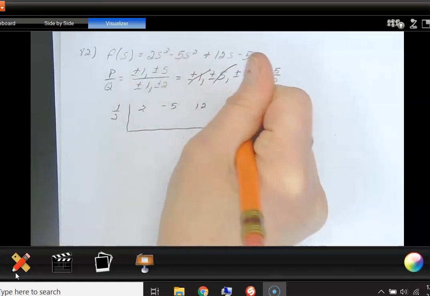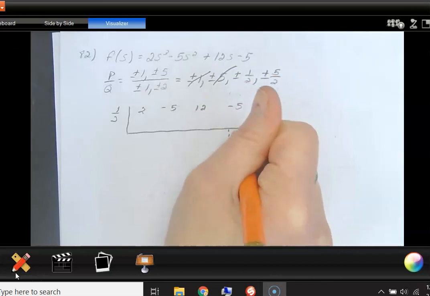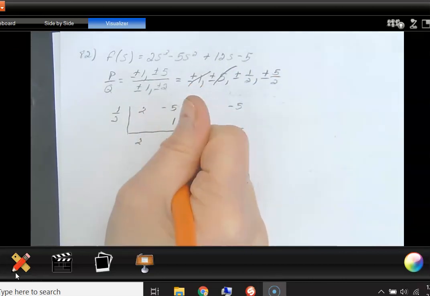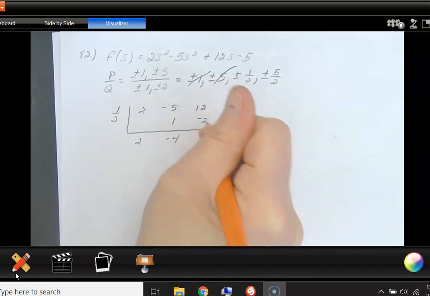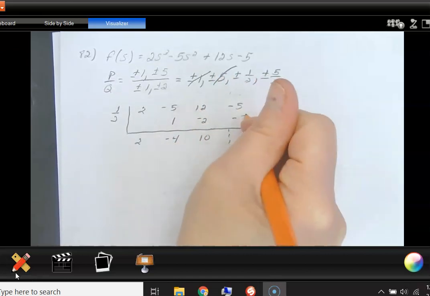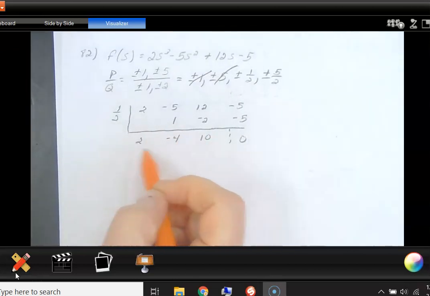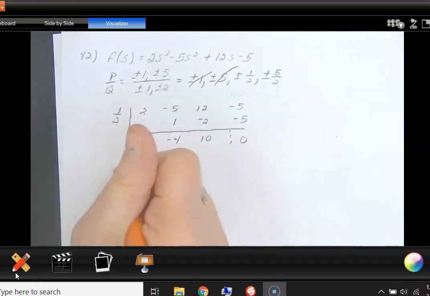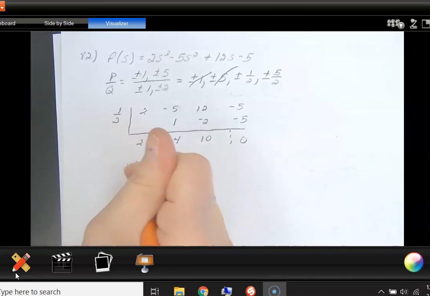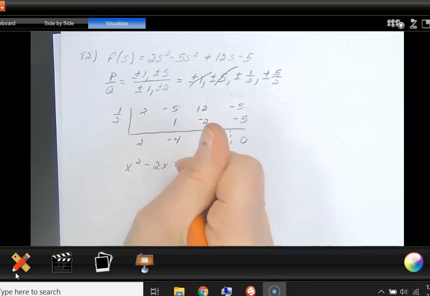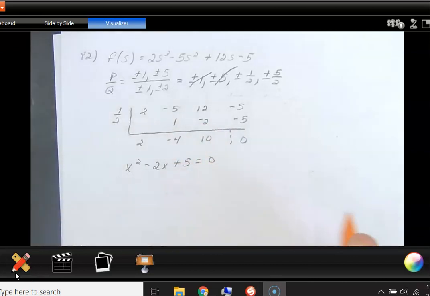No placeholders necessary. Each of these are divisible by 2, so I'm going to go ahead and divide that out, giving me x squared minus 2x plus 5 equals 0.